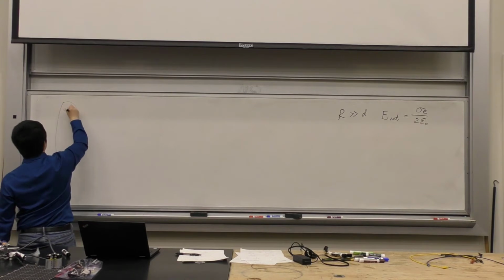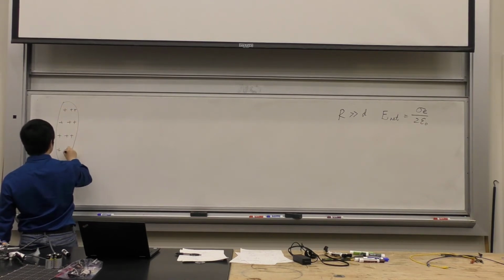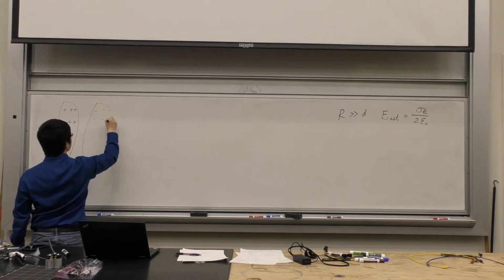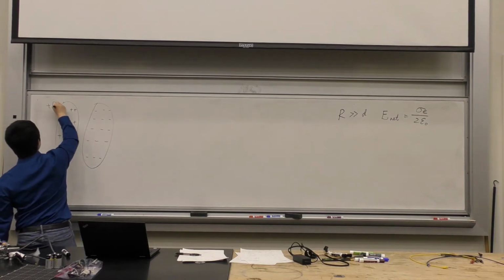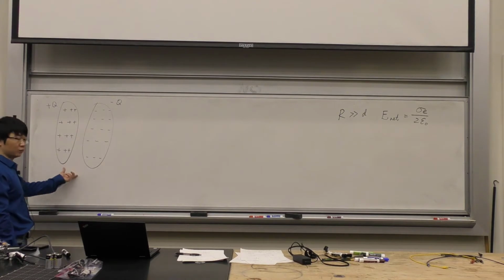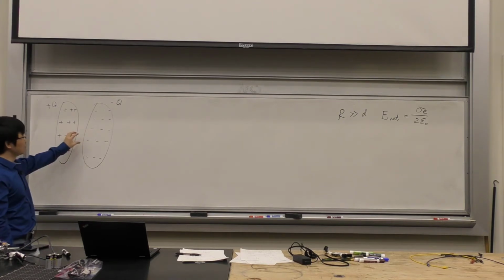You charge them with opposite charges, but the same amount, and you put them very close. So this is positive Q. They have the same size and the same amount of charge. The electric field between them is going to add.